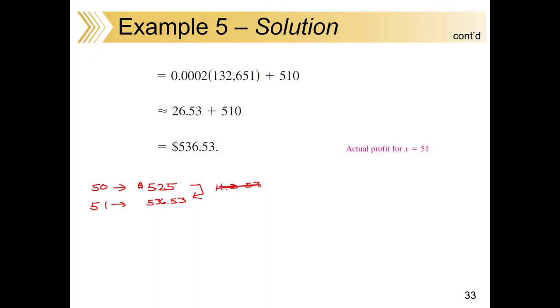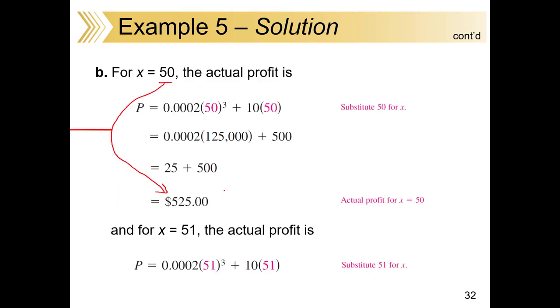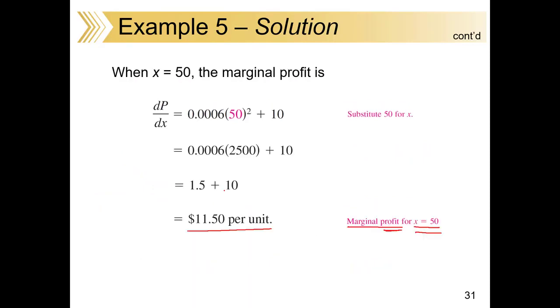Let me rewrite that. $11.53 is how much extra profit we get for selling that one extra TV set. What did we get a minute ago? Marginal profit was, there we go, $11.50.